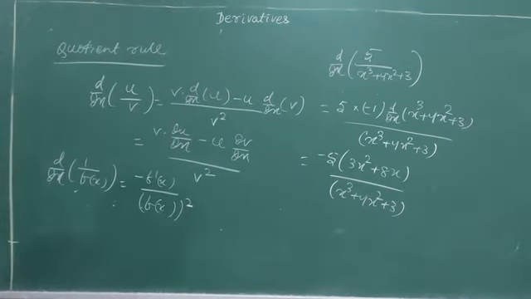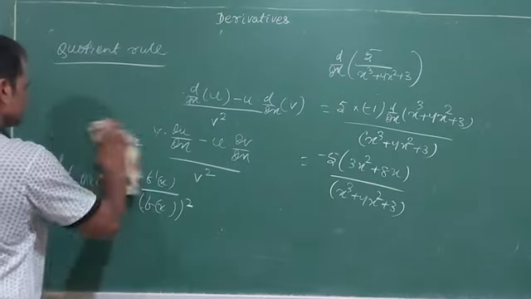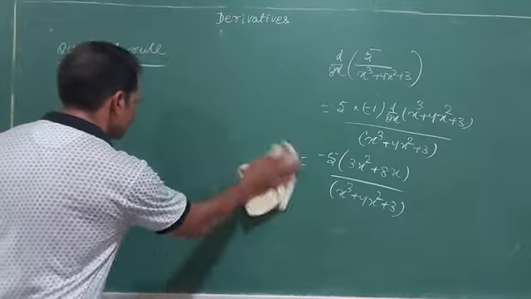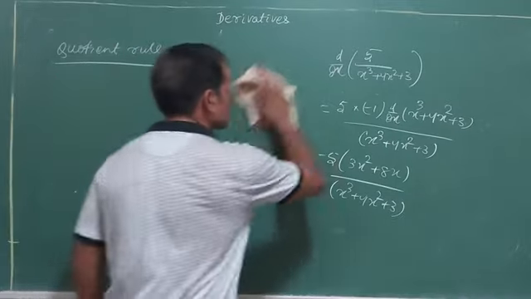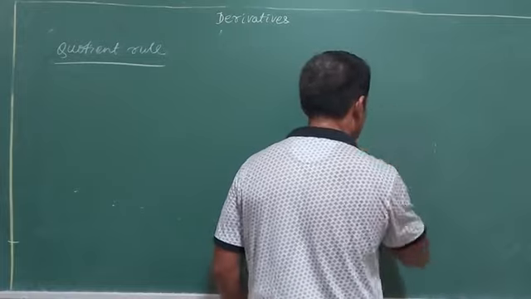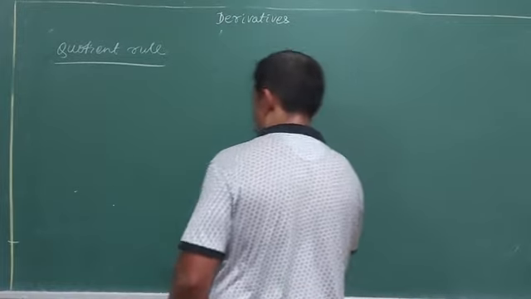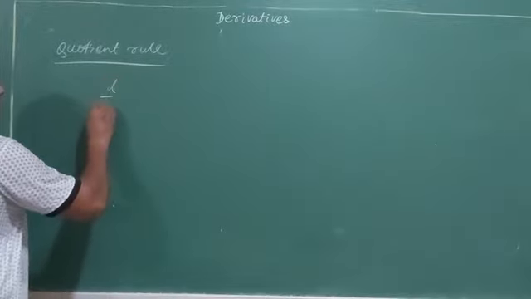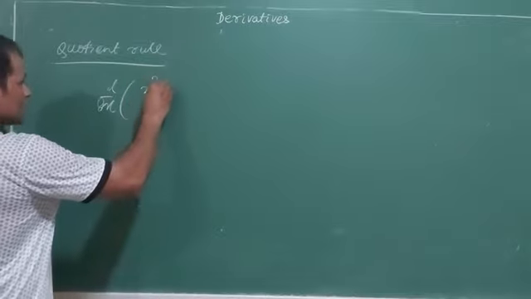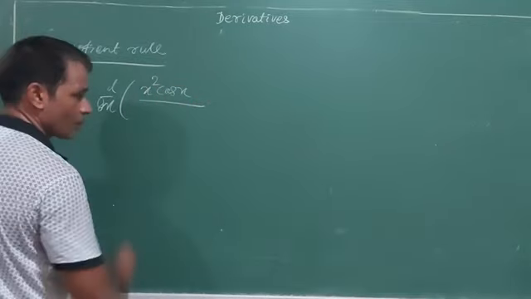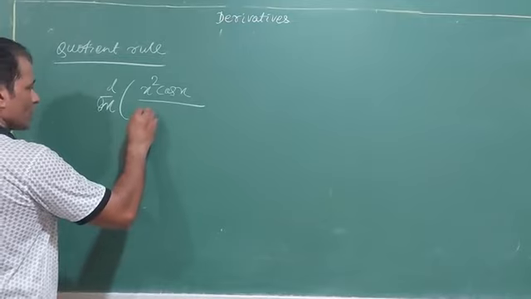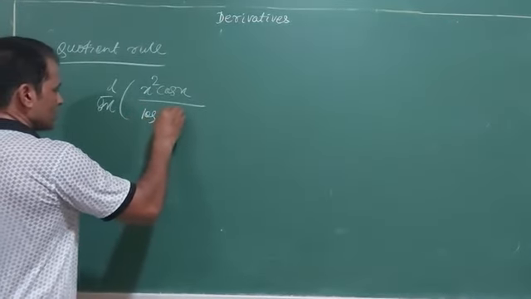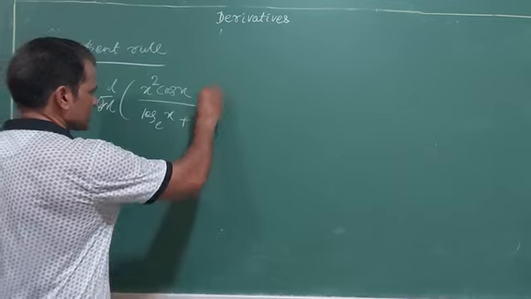Clear? Now we have some questions to solve with the quotient rule. d by dx of x square cos x by log x plus 5 to the power x.